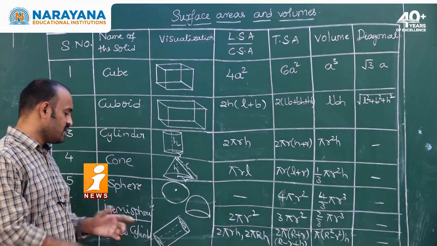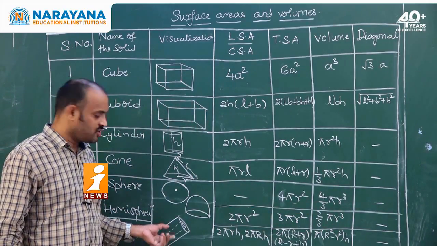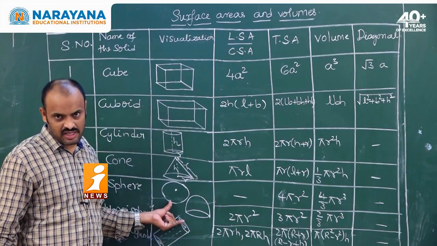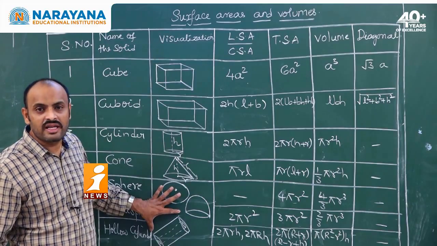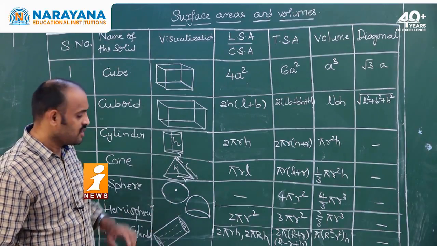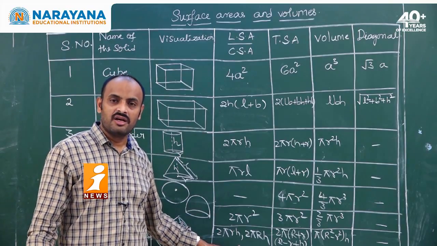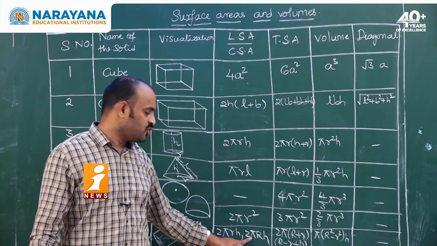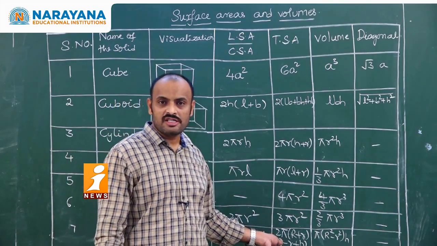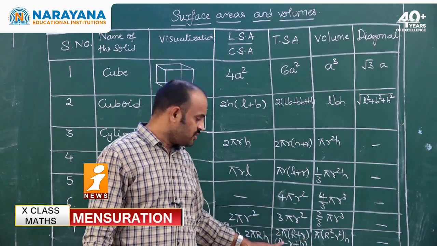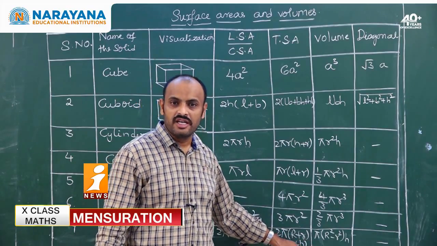The last solid is hollow cylinder. Inner radius is small r, outer radius is capital R, and its height or length is h. Inner curved surface area is 2 pi r h, outer curved surface area is 2 pi R h, total surface area is 2 pi (R plus r)(R minus r plus h).